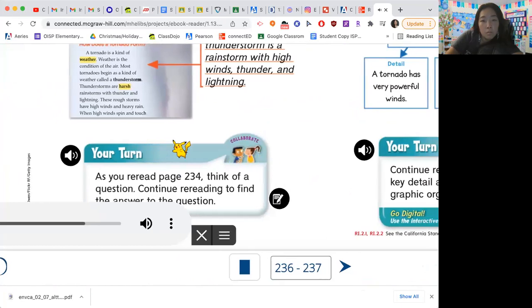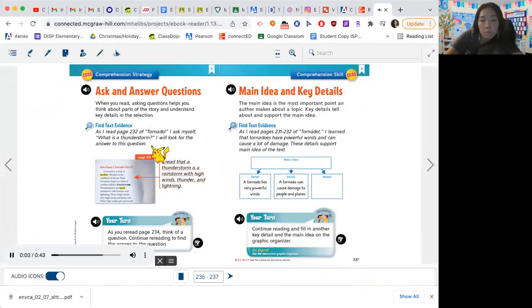Main idea and key details. The main idea is the most important point an author makes about a topic. Key details tell about and support the main idea. Find text evidence. As I read pages 231 through 232 of Tornado, I learned that tornadoes have powerful winds and can cause a lot of damage.